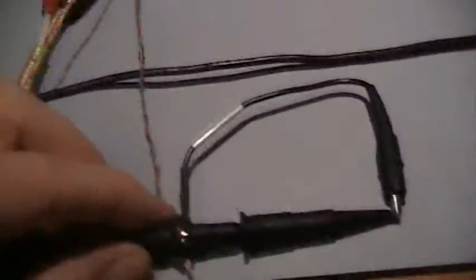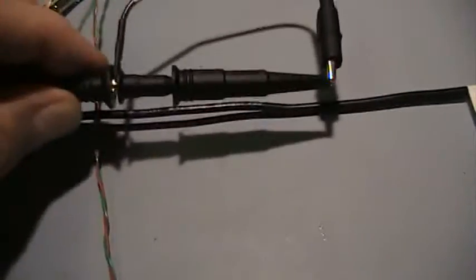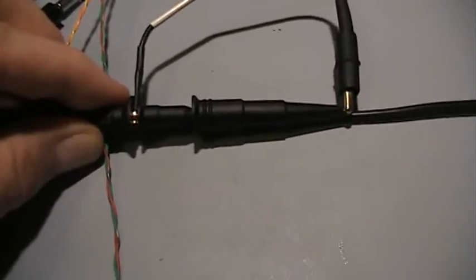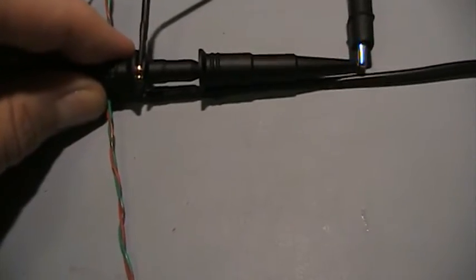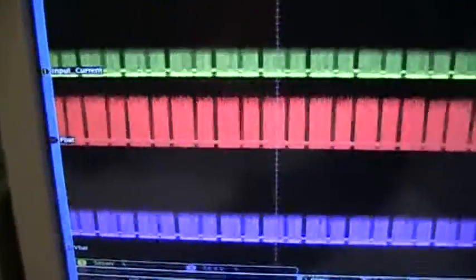Now I've got it beside the battery negative lead, and we could actually probably even put the probe in line, so it's essentially in parallel with the negative or positive battery lead here. And again, we have a good strong signal, about 1 division on the CSR probe.